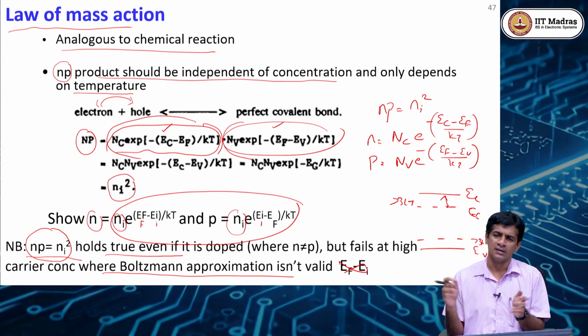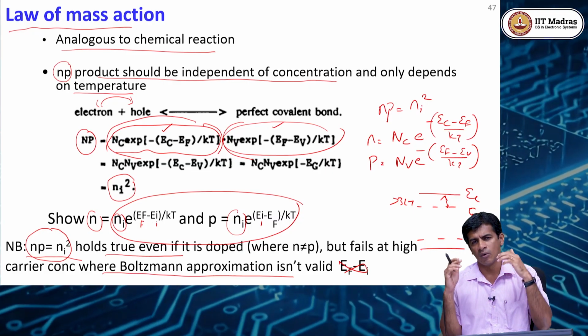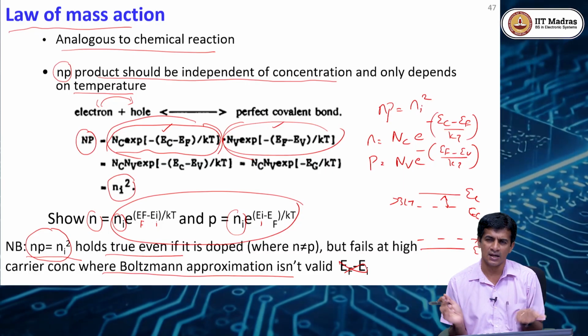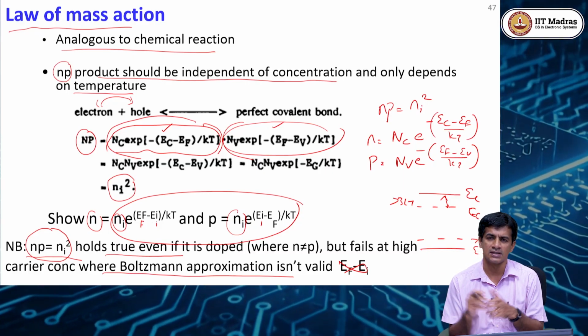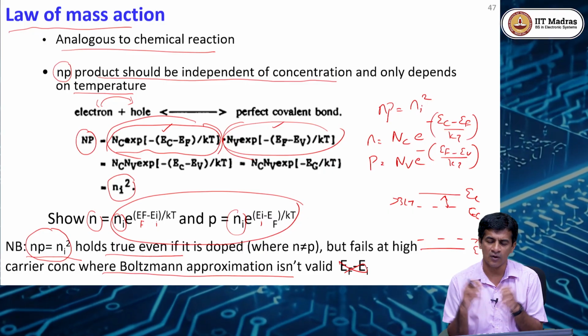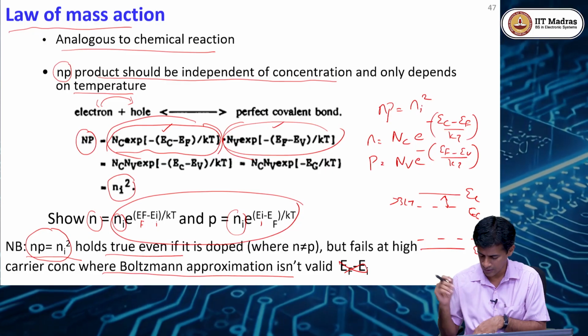Then we saw the concept of density of states, that is, how many possible states are available as you move higher in energy. Using the density of states and the Fermi level, we calculated the number of electrons in the conduction band, and similarly the number of holes in the valence band.